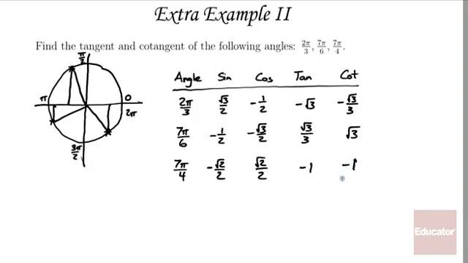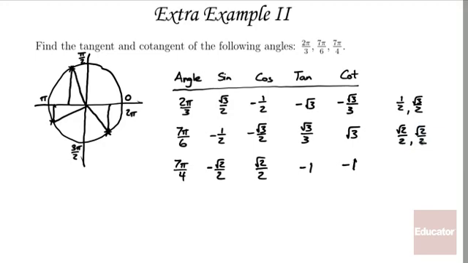So again, it's probably not worth memorizing the tangents and cotangents of those angles, but it is worth knowing the common values for the 30, 60, 90 triangles, which are 1/2 and root 3 over 2. And for the 45, 45, 90 triangles, the sine and cosine will be root 2 over 2, root 2 over 2.